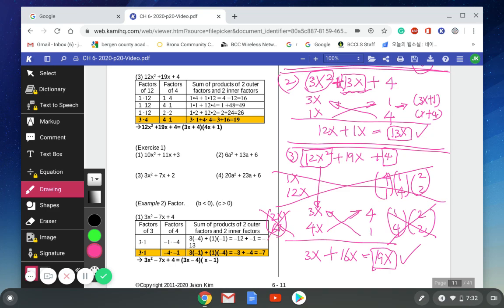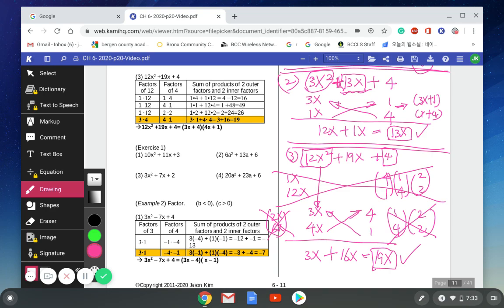So if you're unlucky, you have to try so many times. That's why it's the trial and error method. It sounds horrible, but when you practice enough, you can do it faster and you can get it eventually. So this is the bad part or the good part of the trial and error method. You have to try many combinations.